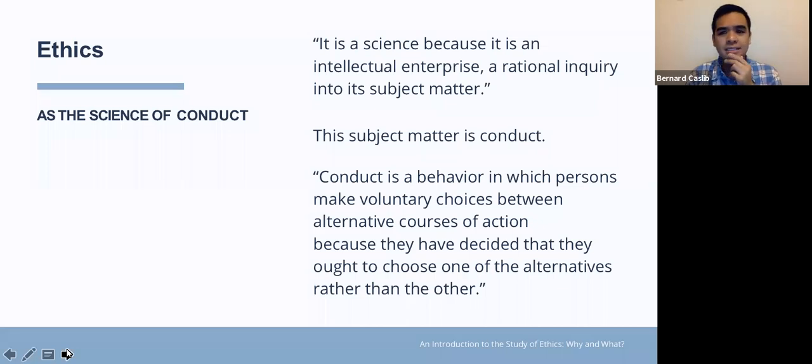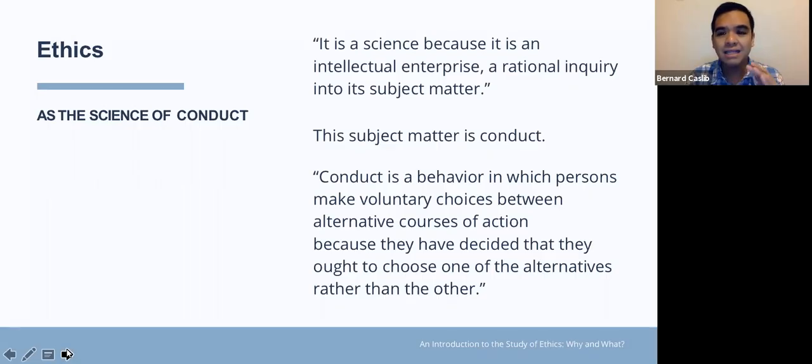I guess your preliminary notions, the answers that you provided in the first activity, ano ba yung ethics for you? I guess many people will find that ethics is a field of study of good and bad, right and wrong, and by that they actually mean it's a science of conduct. It is a science not in the same sense as biology, chemistry, or physics, but it's a science in the sense that it's also an intellect.